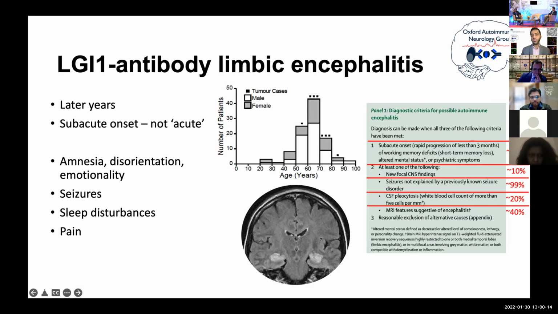But the more we recognize this disorder, the earlier we see these patients. And I think that the rates of MRI abnormalities now are below 50%. So they don't fulfill these criteria, even for possible autoimmune encephalitis. They're an unusual syndrome. And one early clue often is this low serum sodium, seen in about 40% of the cases.